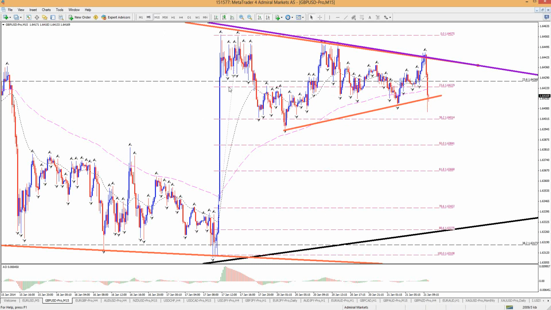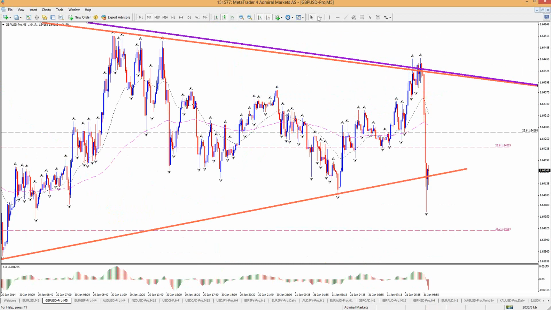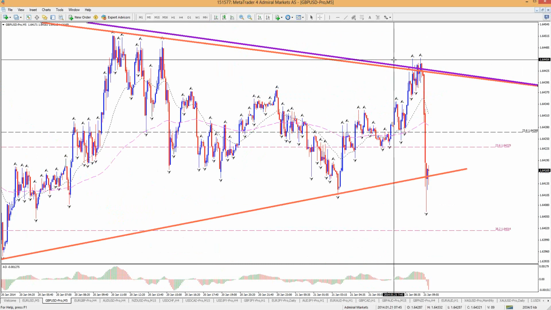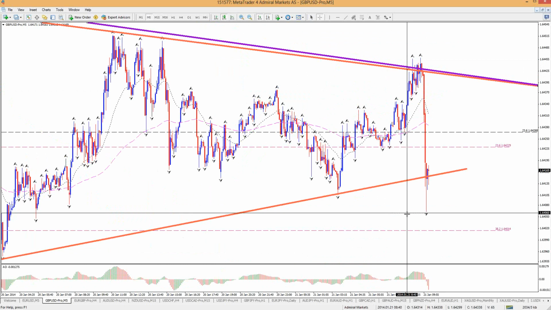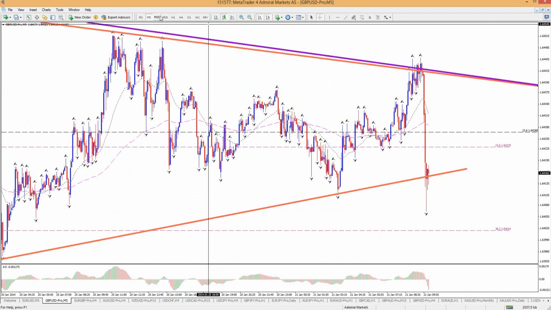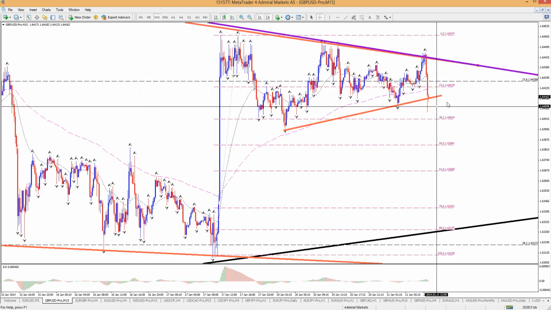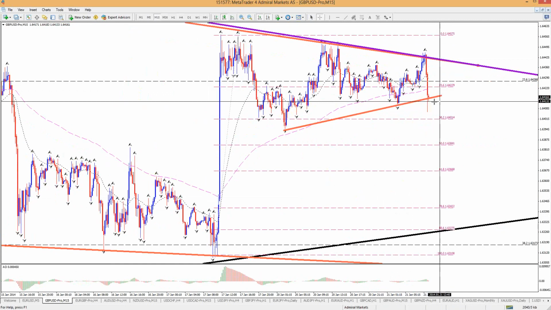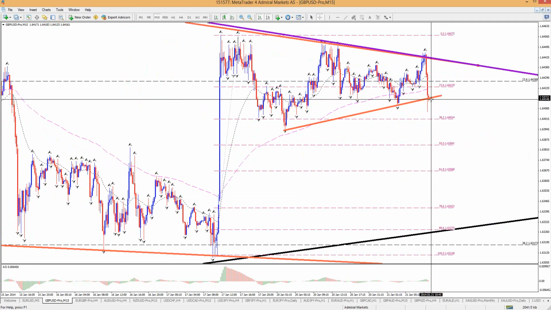To me, it seems very difficult to trade. So despite me having arrows there, I think it's not the easiest, but that's just my opinion.